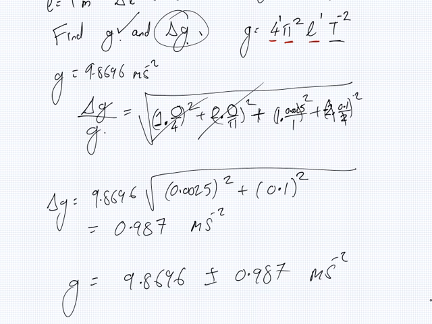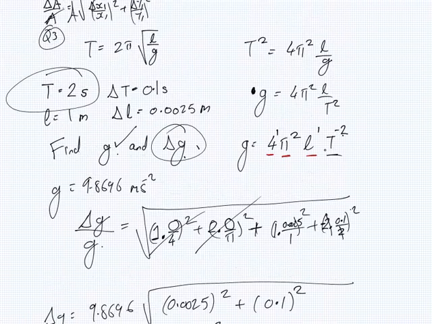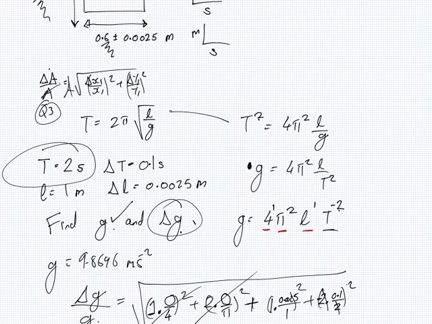But why is T squared? Why the power of 2? Because I square.